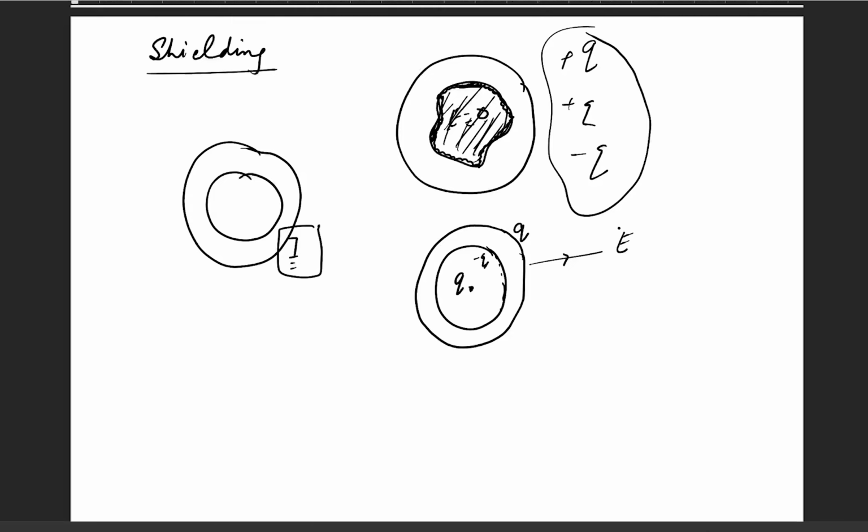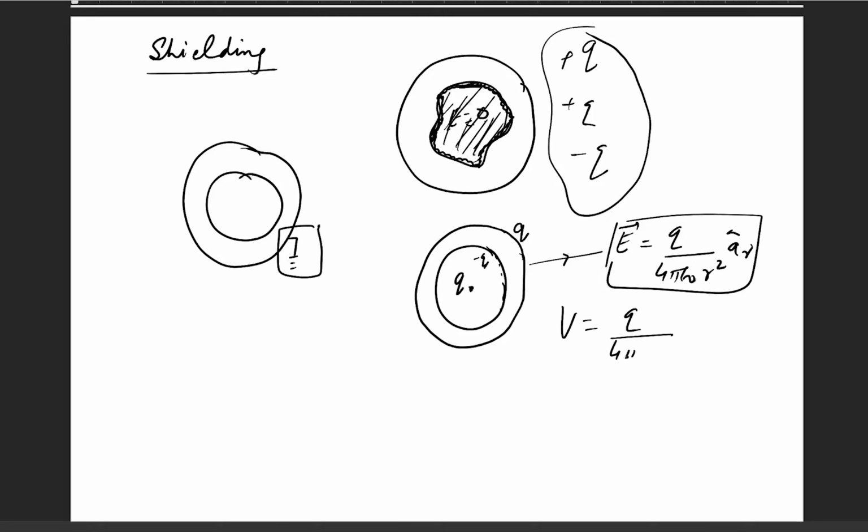The field is easily found using Gauss law as Q by 4 pi epsilon naught R square in the radial direction. Because of this field, the conductor will now come to a potential of Q by 4 pi epsilon naught R, where R is the outside radius.